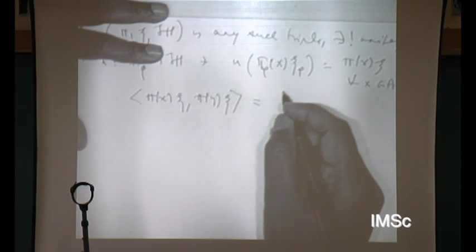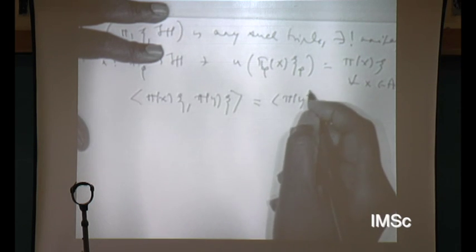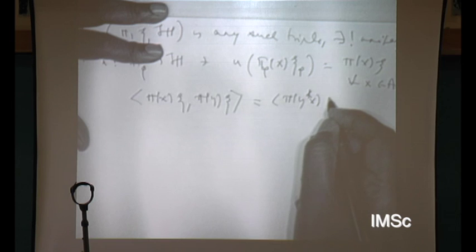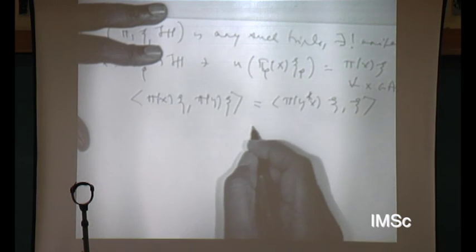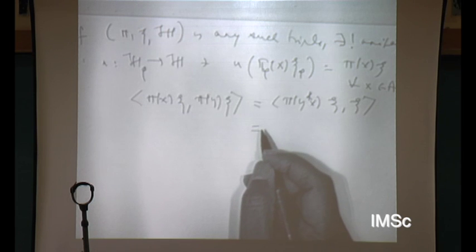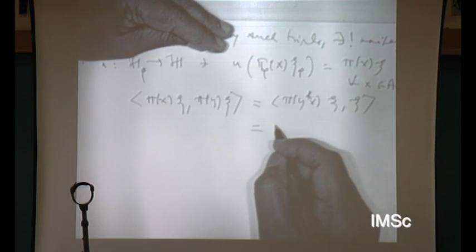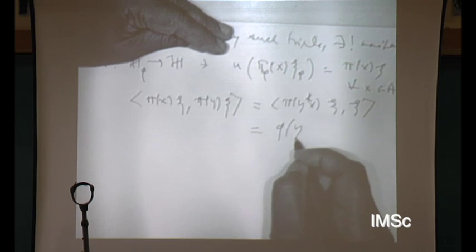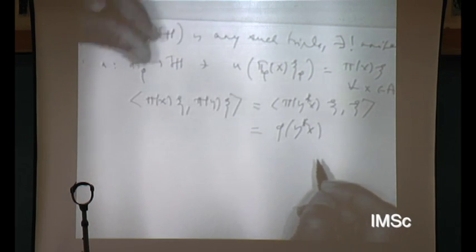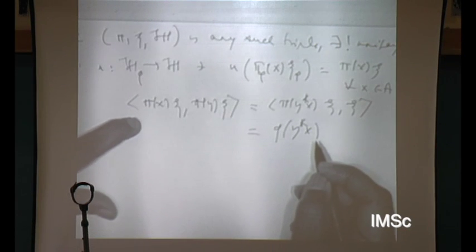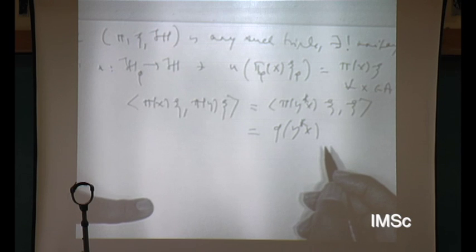So this is the inner product of pi of y star x psi with psi. So by the defining requirement that we had relating pi and phi, this is nothing but phi of y star x. Which by definition is exactly what you get if you put pi phi here and psi phi here. Right?